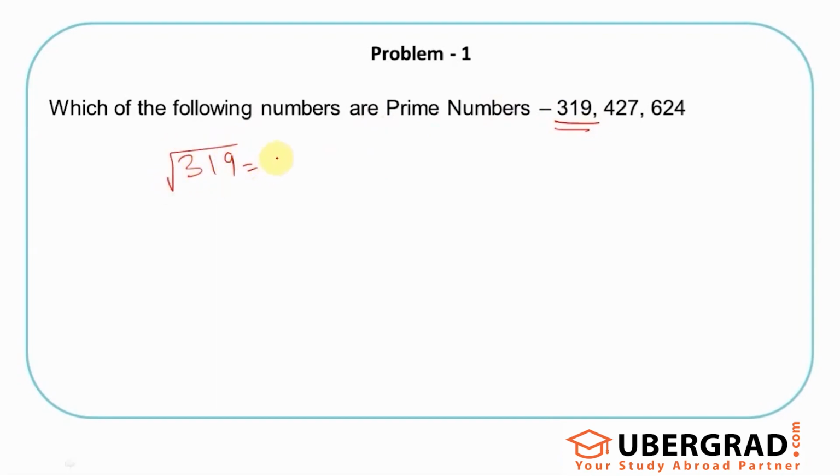The closest would be something around 17. 16 squared is 256, and 17 squared is 289. I think 18 to 19 is decent. We'll go for 18. What are the prime numbers less than that? 2, 3, 5, 7, 11, 13, 17.